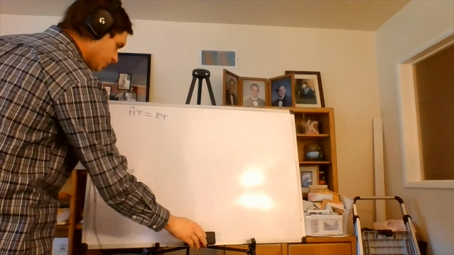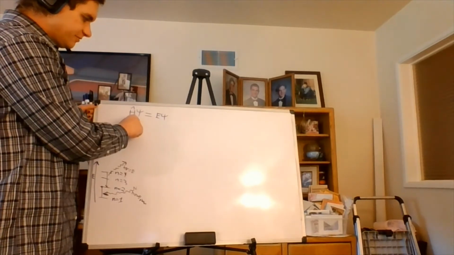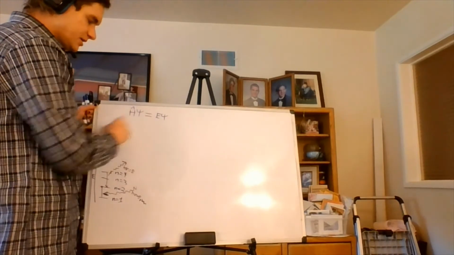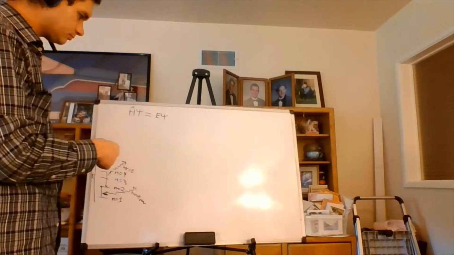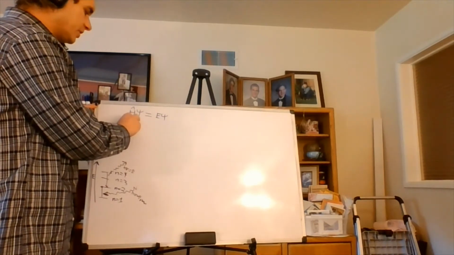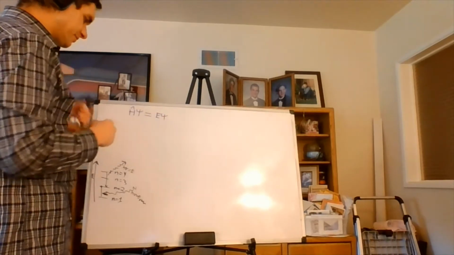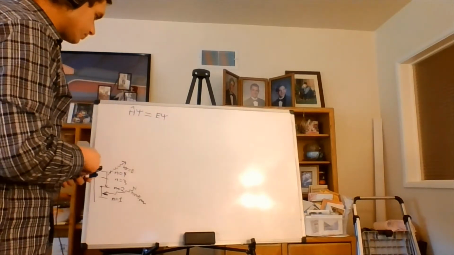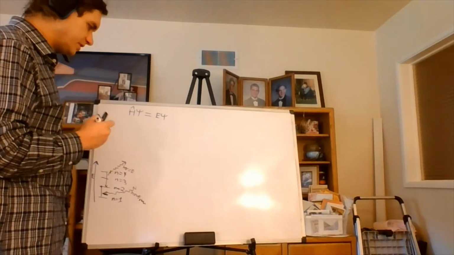So here we have H hat, the Hamiltonian, times the wave function, and that gives us an answer, which is the internal energy times the wave function. It's not H hat times wave function, it's H hat operating on the wave function. That gives us the internal energy times the wave function. So, what does the internal energy itself break down to?